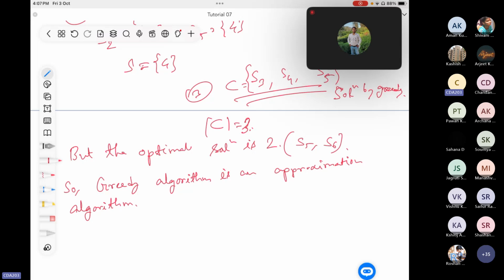Obviously for minimization problems, this ratio is greater than or equal to 1 in approximation algorithms. Equal to 1 means we have obtained optimality.